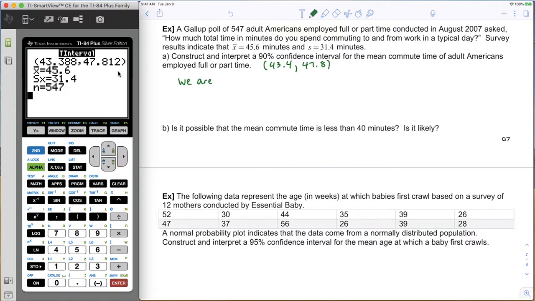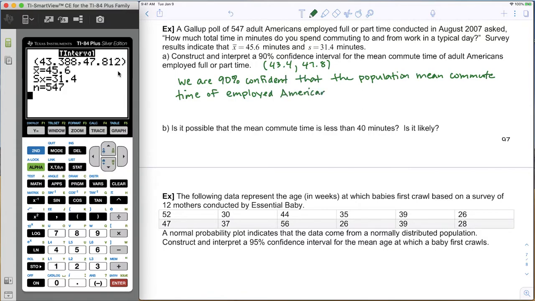We are 90% confident that the population mean commute time of employed Americans is between 43.4 minutes and 47.8 minutes.